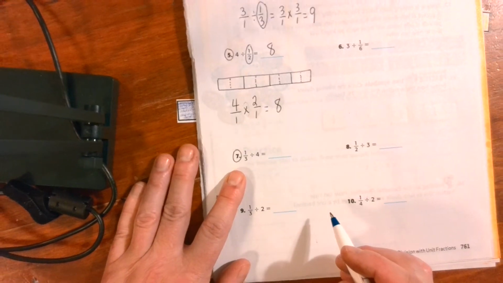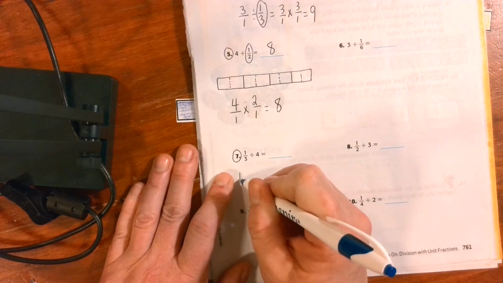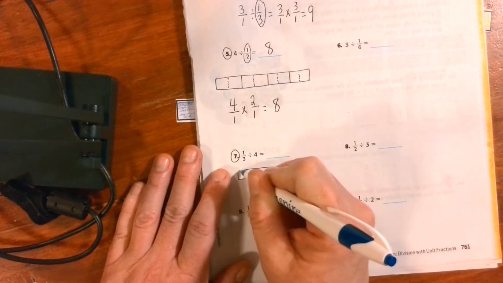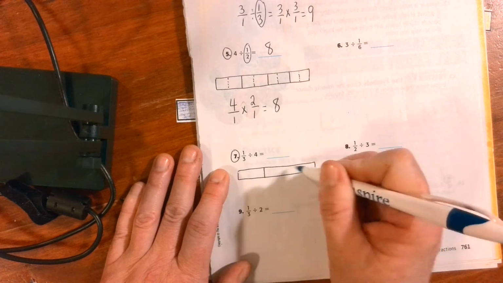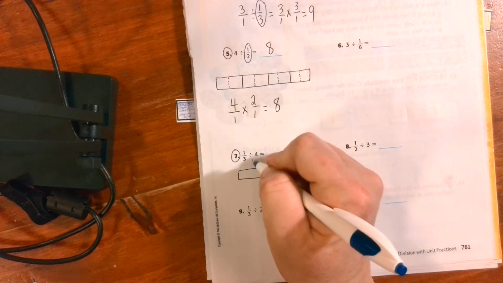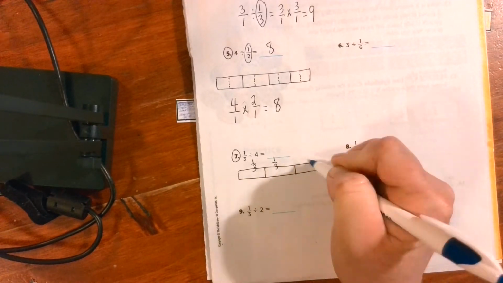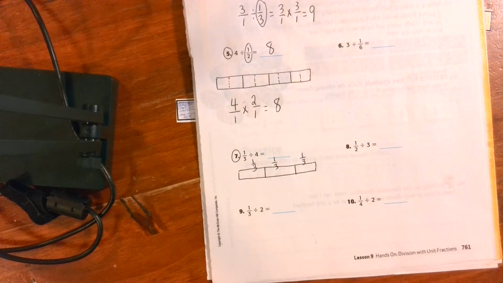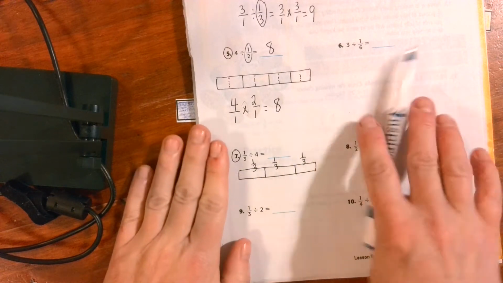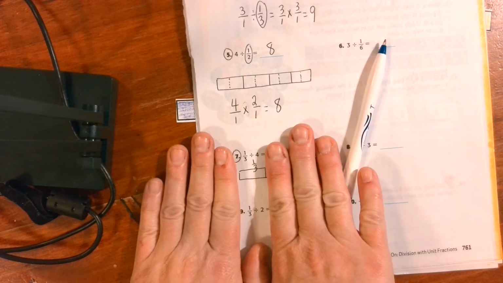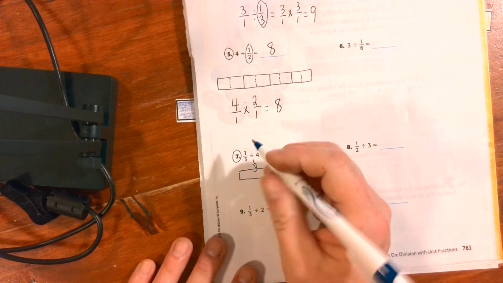Uh-oh. Now we're going to do a third. So everyone make your whole. Cut it into 3 parts because this is a third. Now I need to cut my third into fourths.